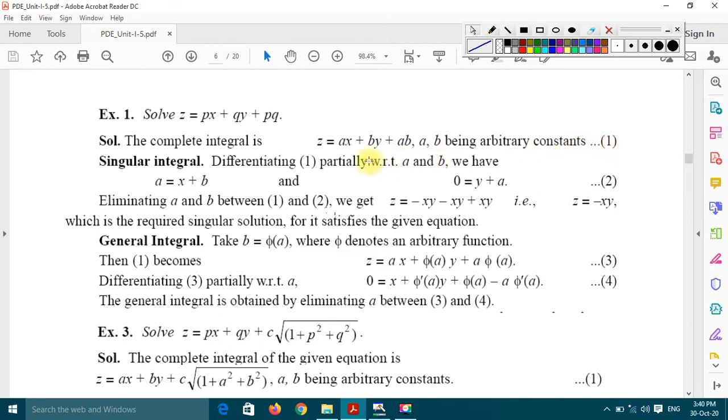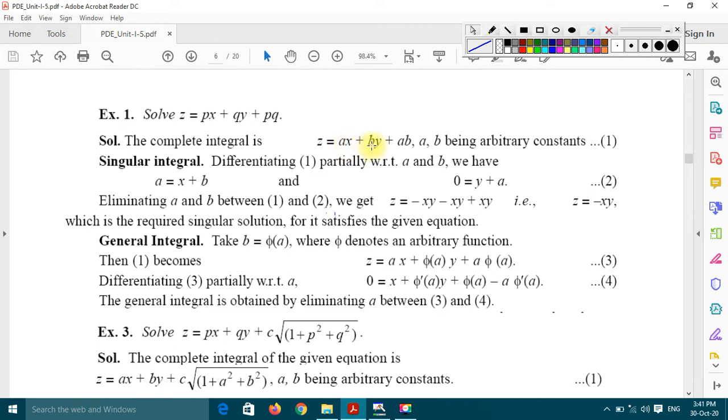So we differentiate equation 1 with respect to a and b partially. The partial derivative of z with respect to a is 0. The partial derivative of ax with respect to a is x.